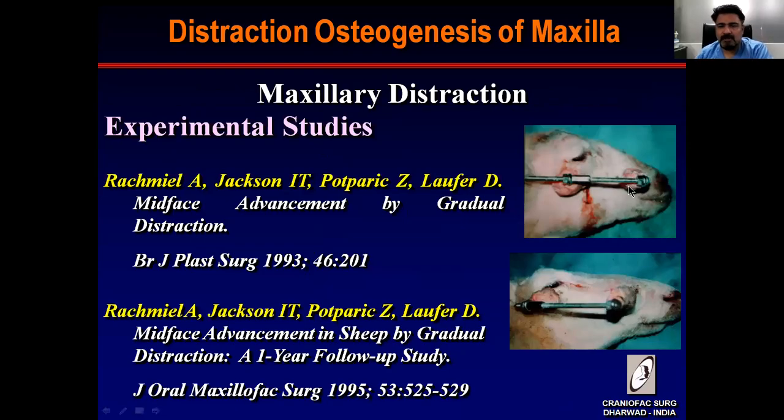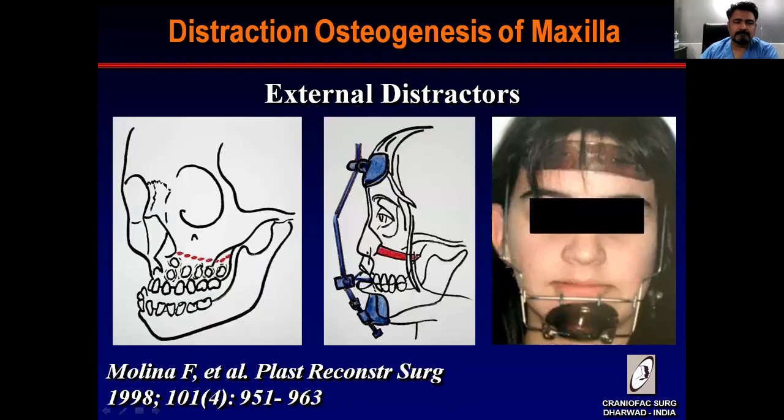This is an example of an extraoral distractor on the mandible of a goat. You can see how much expansion we can do without hampering the pedicle of the blood supply. External distractors, like forehead ones, are not used now; these were way back, 20 years ago.